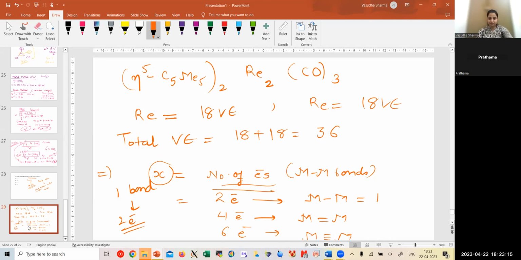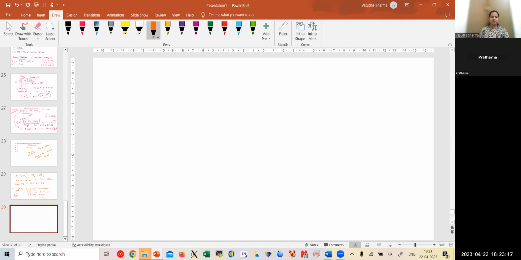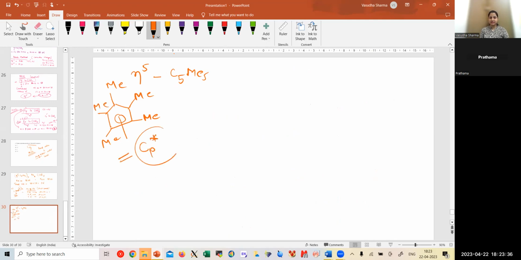Now, we have the η5-C5Me5. This is nothing but the substitution of your hydrogens on the Cp with methyl, and we call it Cp star. It is a short form, so don't get confused.